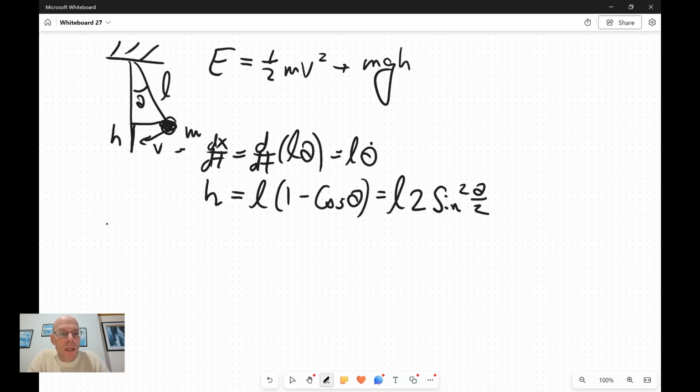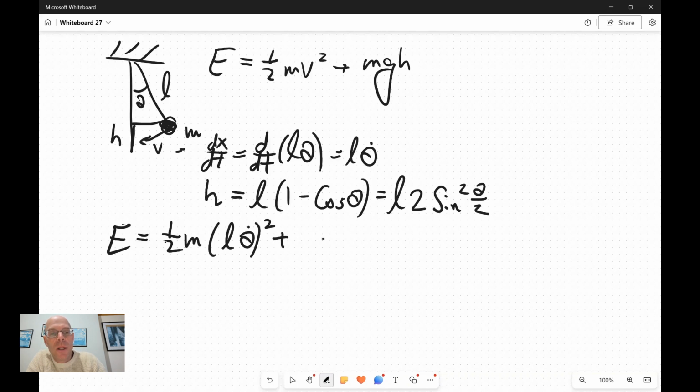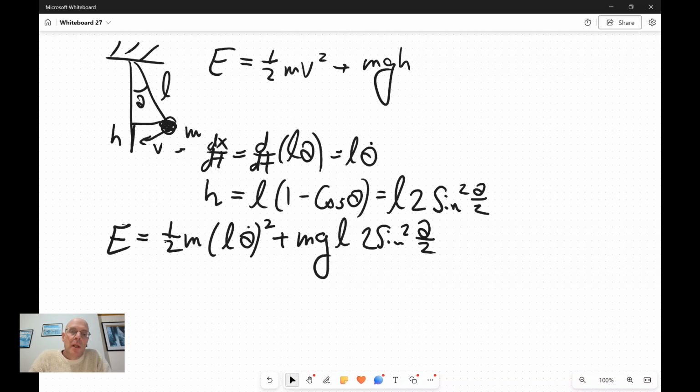So the total energy is half m L theta dot squared plus m g L times 2 times sine square theta over 2. So that's the general energy.